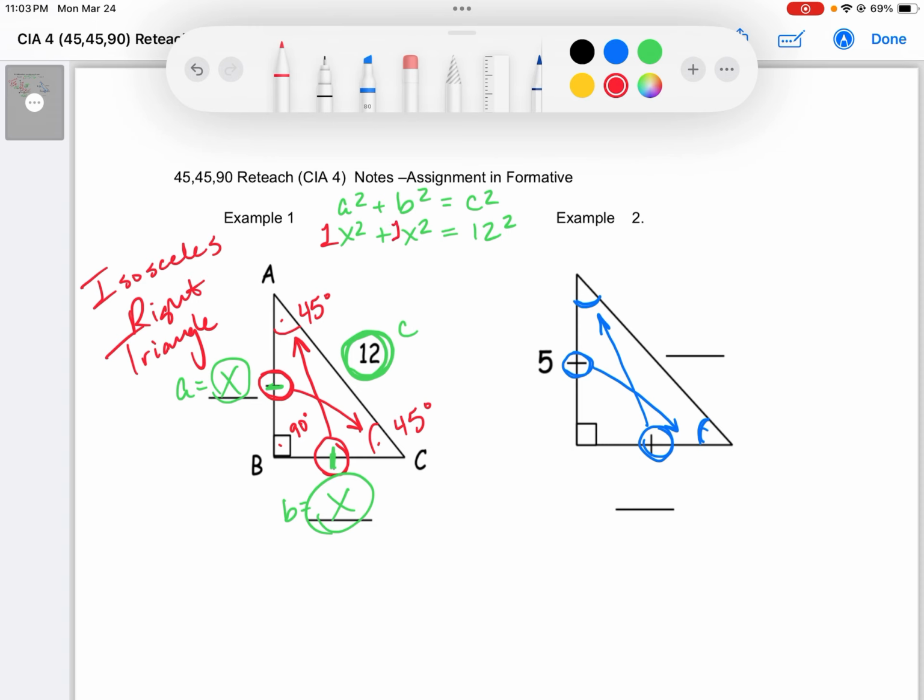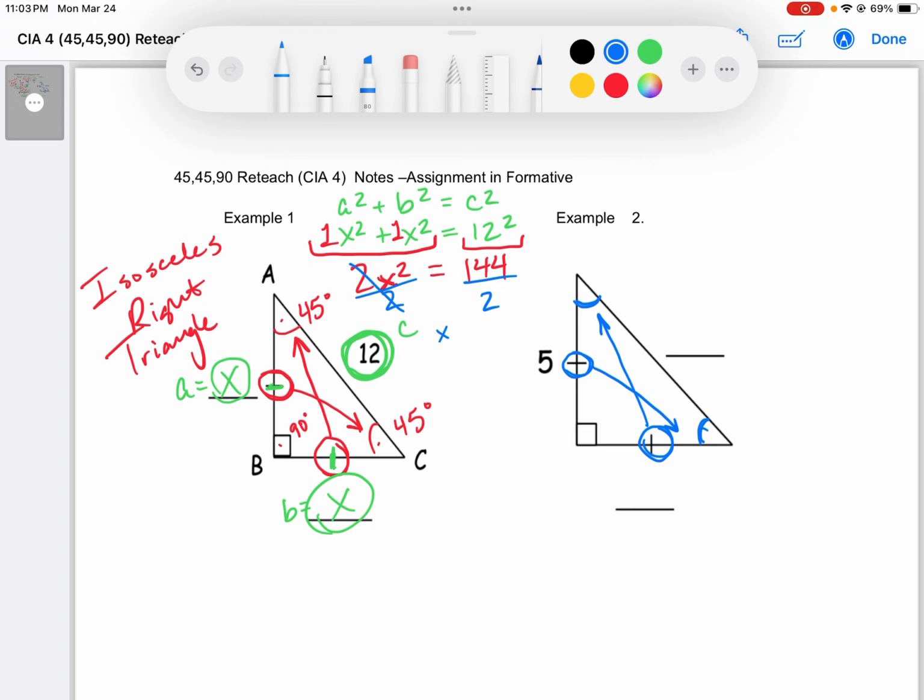And if we work that out over here, these are 1x squared plus another x squared. If I take these two and put them together, I get 2x squared, because 1 plus 1 is 2. And then over here, I get 144, because that's what 12 squared is. Now, I would just solve this algebraically.